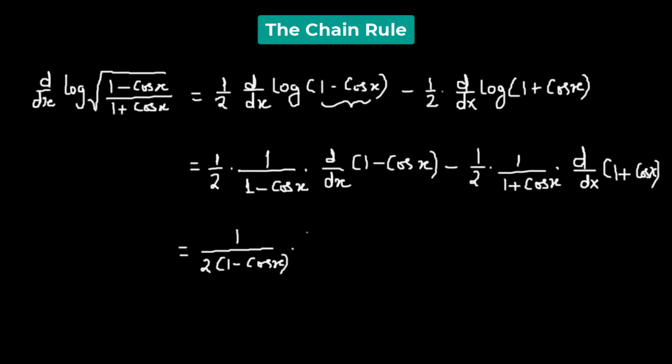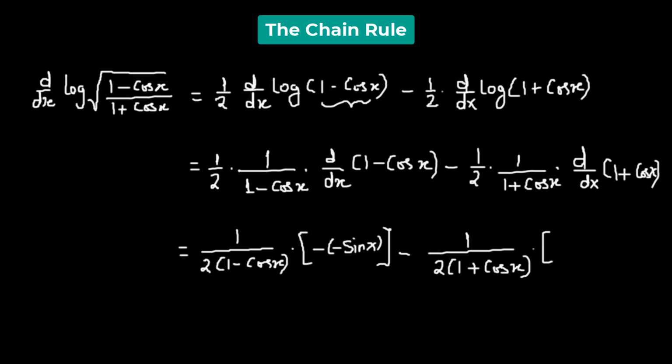So we have 1 over 2 times (1 minus cosine of x) multiplied by the derivative of 1 with respect to x, which is 0, minus the derivative of cosine of x, which is negative sine x, minus 1 over 2 times (1 plus cosine of x) multiplied by the derivative of 1, which is 0, and the derivative of the cosine function, which is negative sine x.